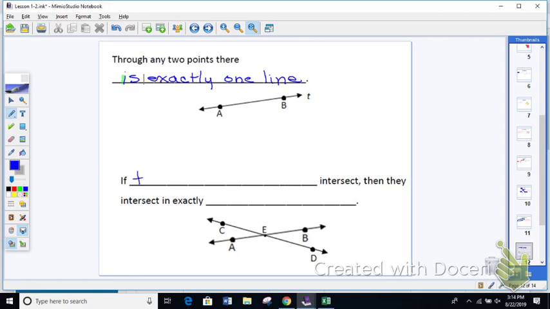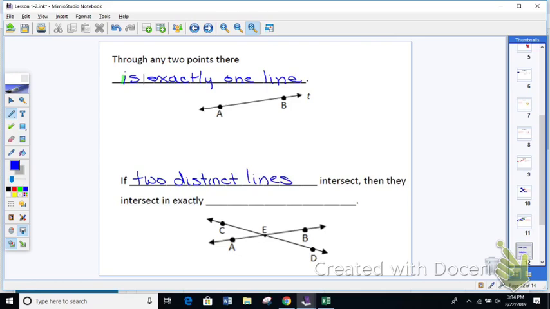So if two distinct lines intersect, then they intersect in exactly, where are those two lines intersecting? 1 point.